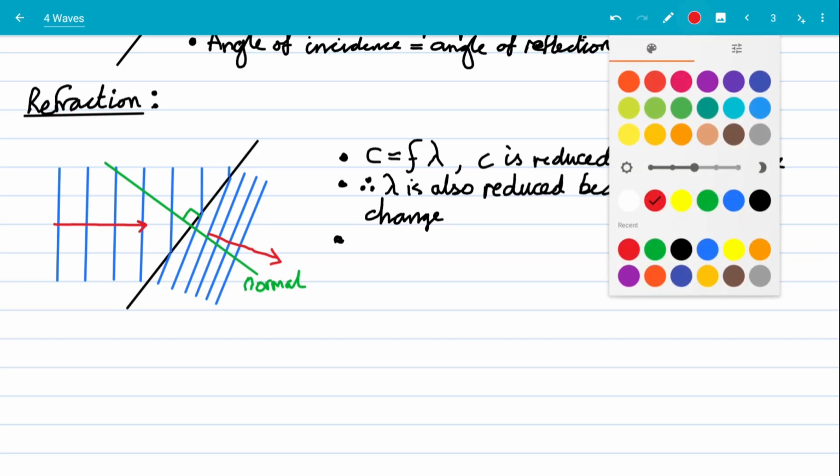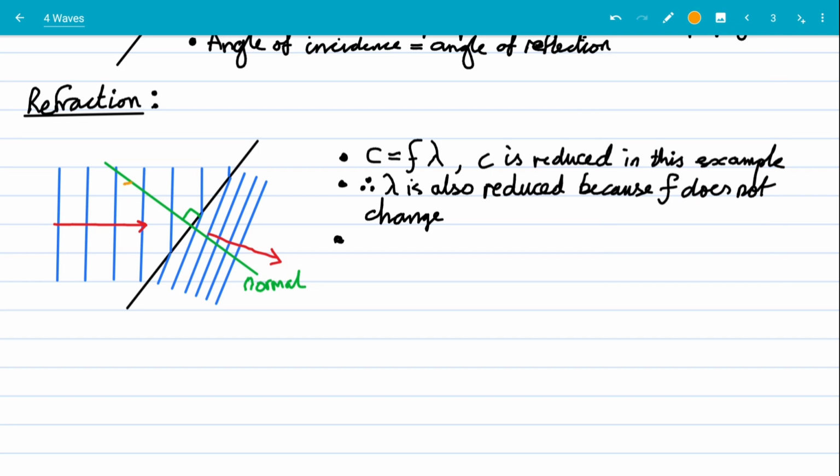So we could label, let's use orange for this, we could label this as maybe theta I, theta representing an angle, I because it's incident, and we could label this as perhaps theta R for refraction, but I'm going to use T for transmission because I don't want to get R confused with reflection.